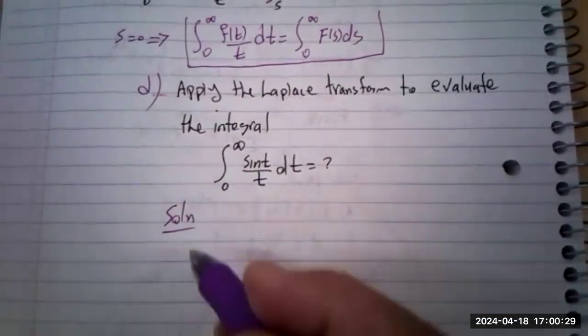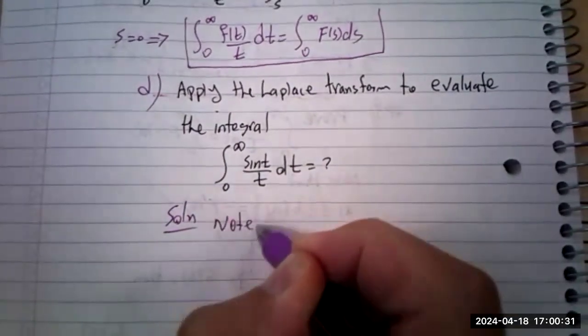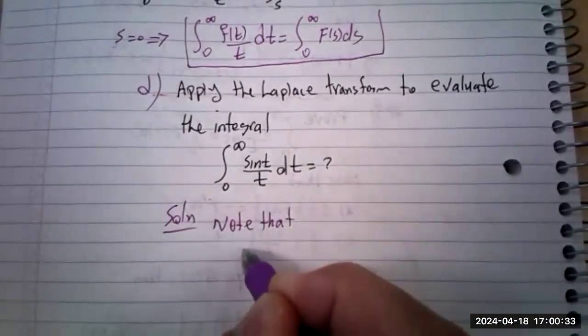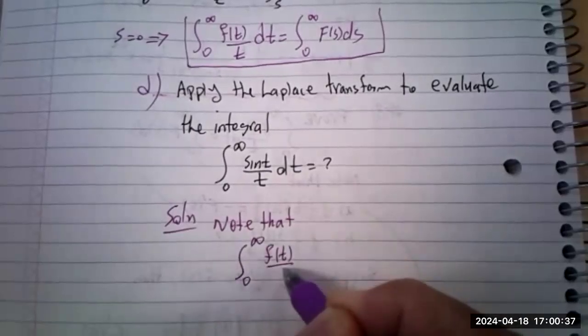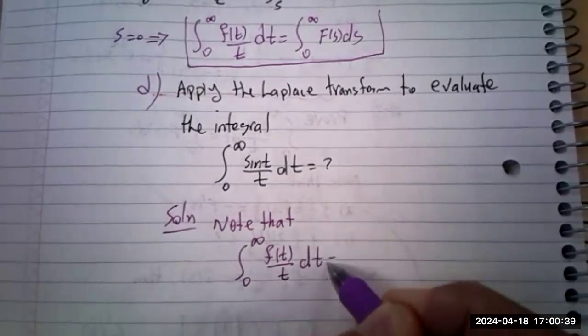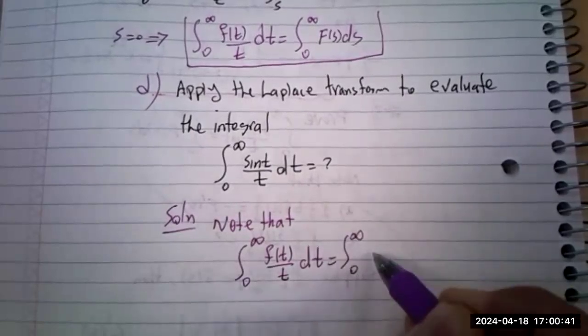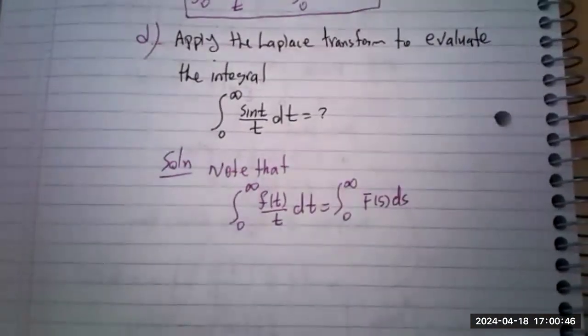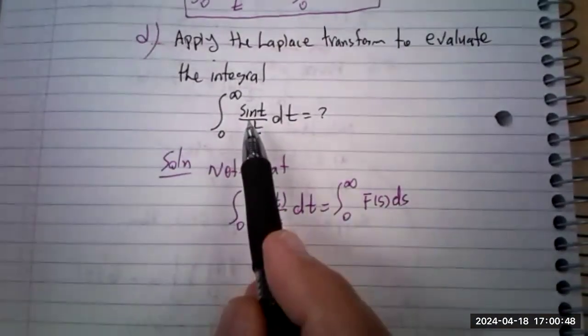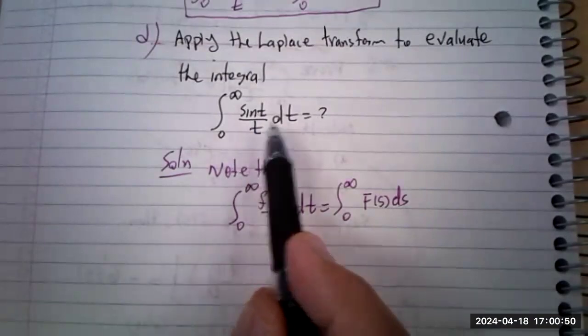This is the application. Note that the integral from 0 to infinity of f of t over t dt is the integral from 0 to infinity of F(s) ds, the Laplace transform. Now you compare them together.